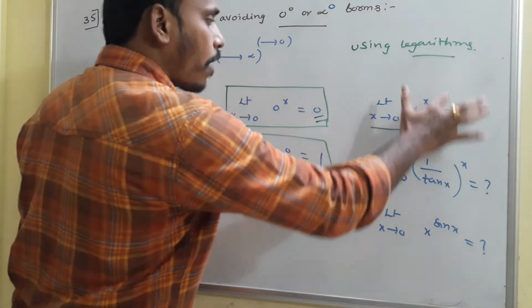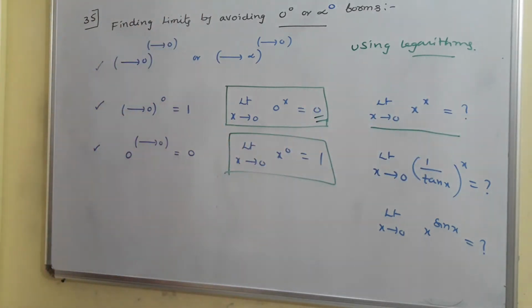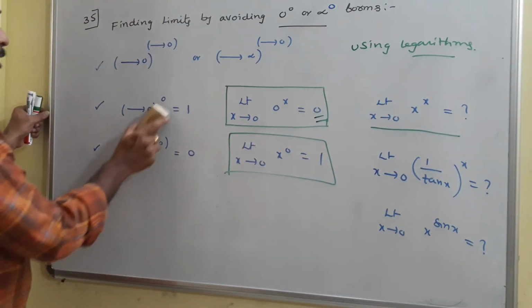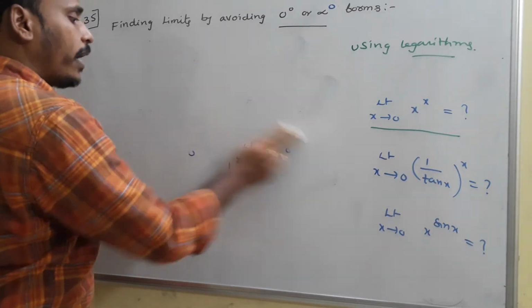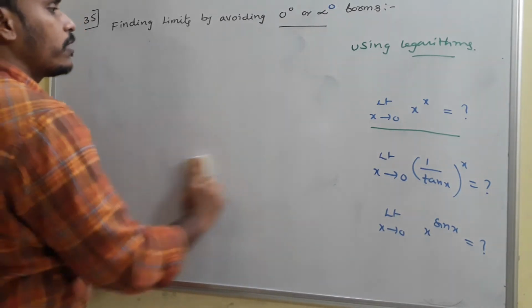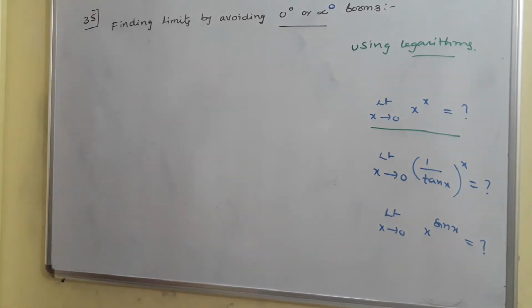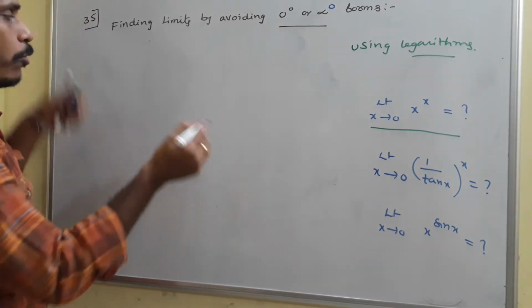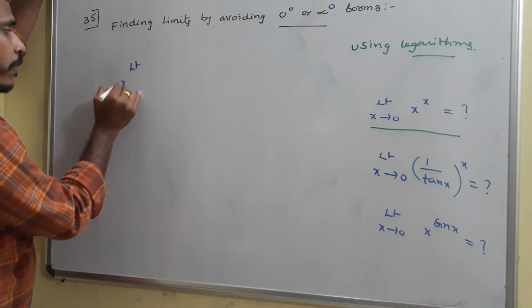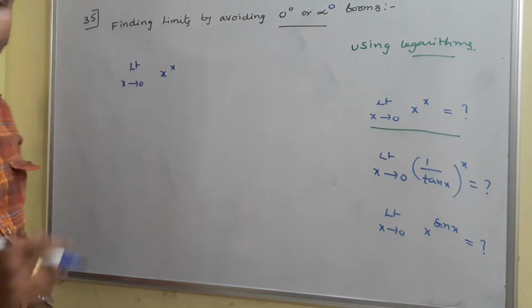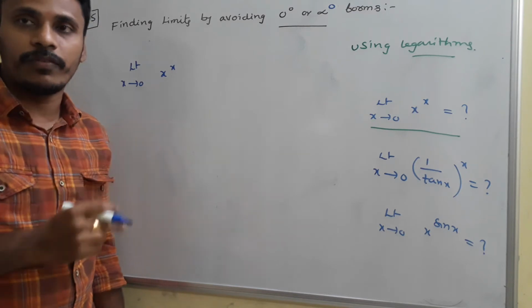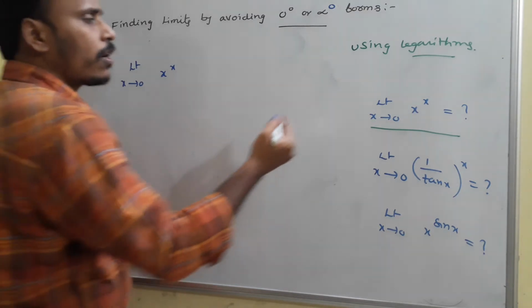Now leave the discussion. Just pay attention to the way of finding limit x tends to 0, x power x. Just one problem is enough to solve all the problems of the model. Limit x tends to 0, x power x. Now what I do is, as we discussed in the previous case, I will use a general law of logarithm.